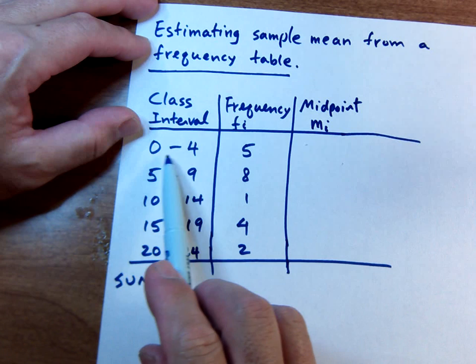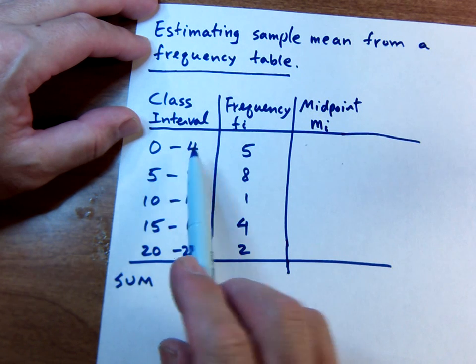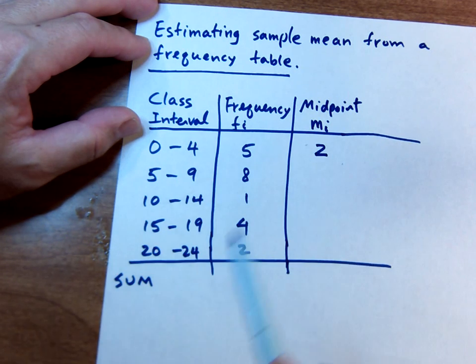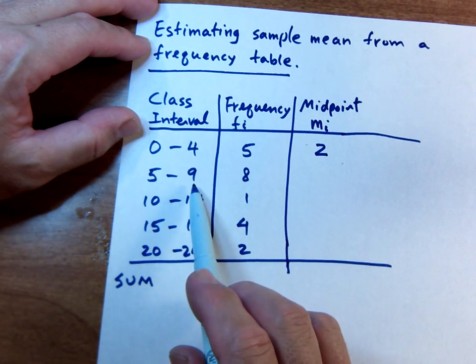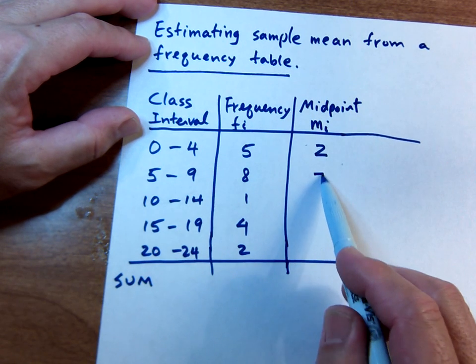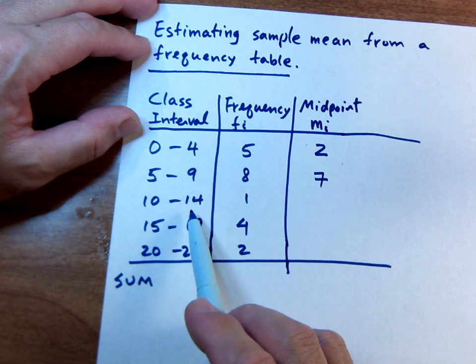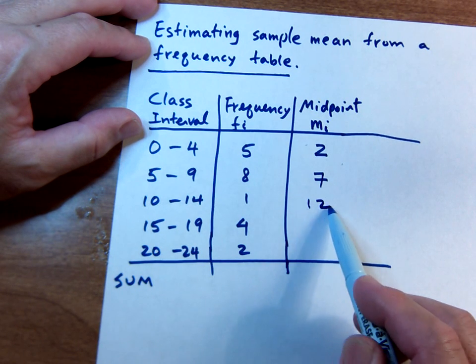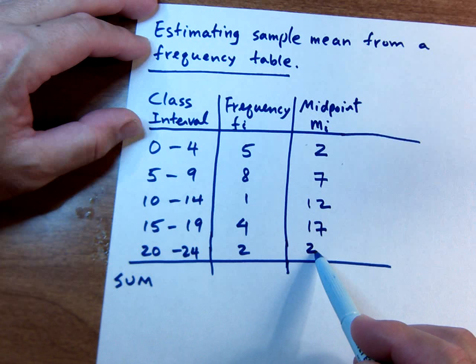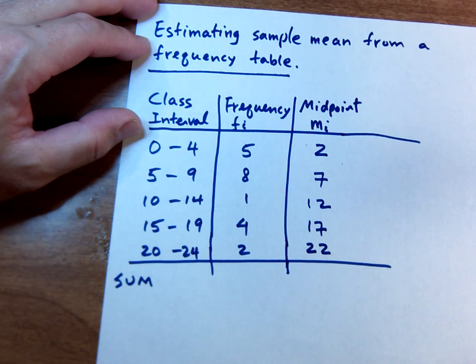So 0 and 4, if you take the average of the two, gives 2. 0 plus 4 divided by 2 is 2. 5 and 9 gives 7. 10 and 14, 12, 17, and 22. Those should be my midpoints for all of the class intervals.